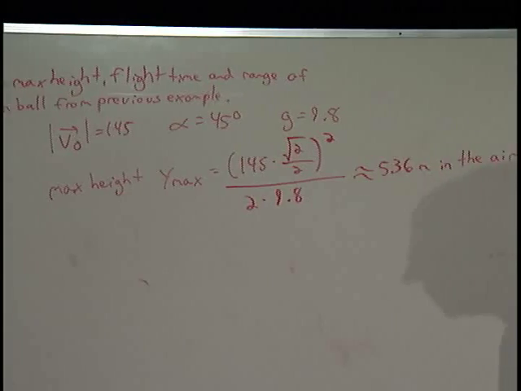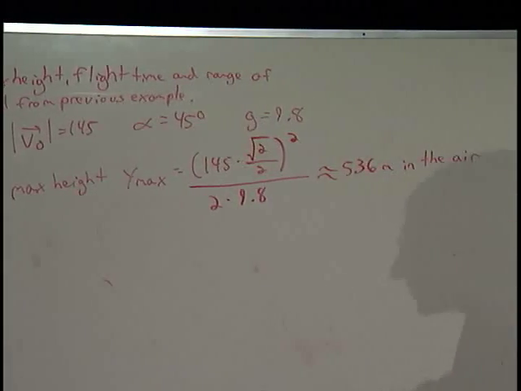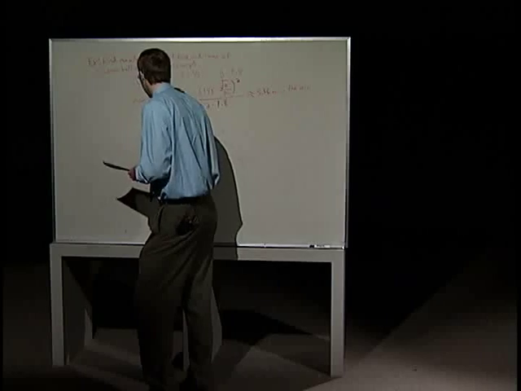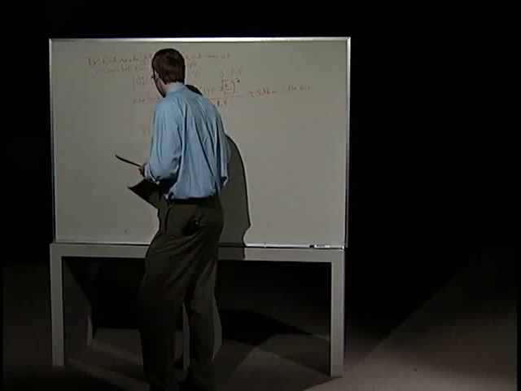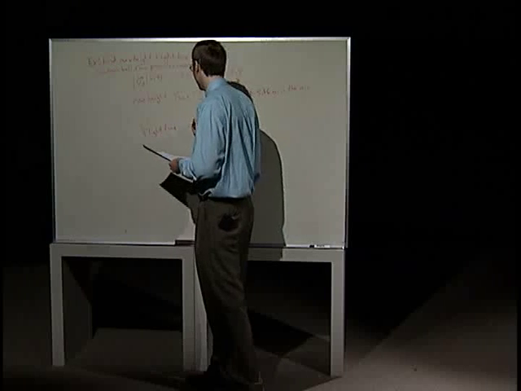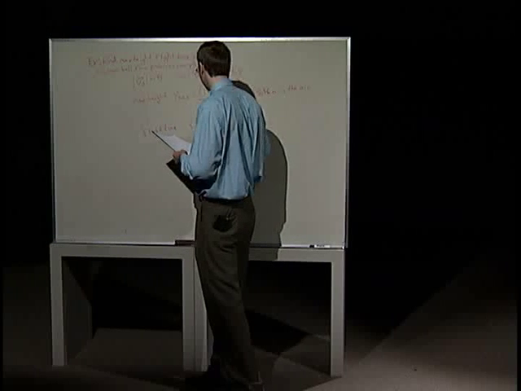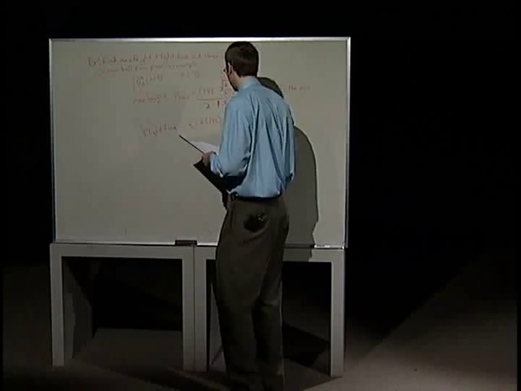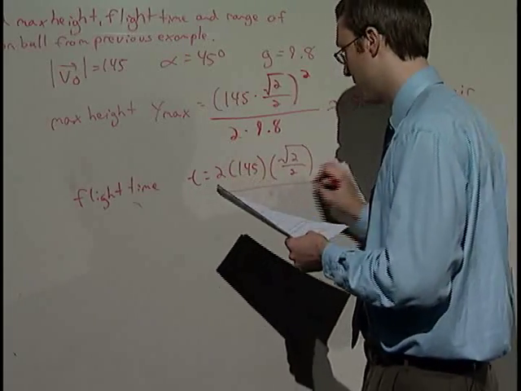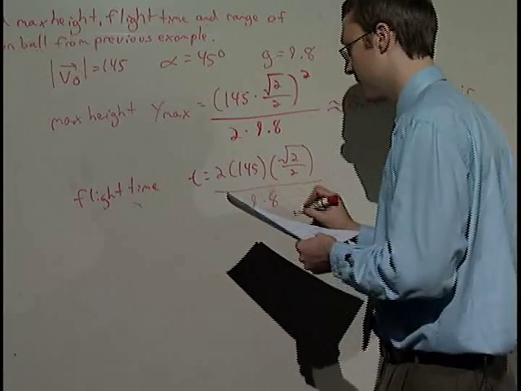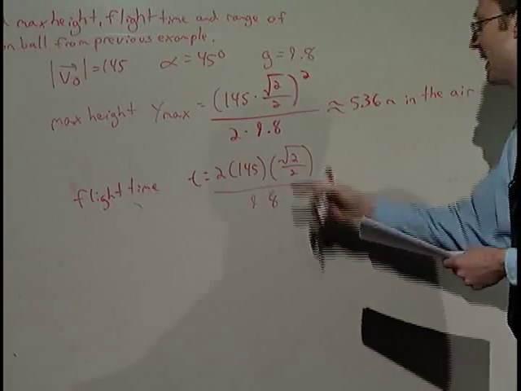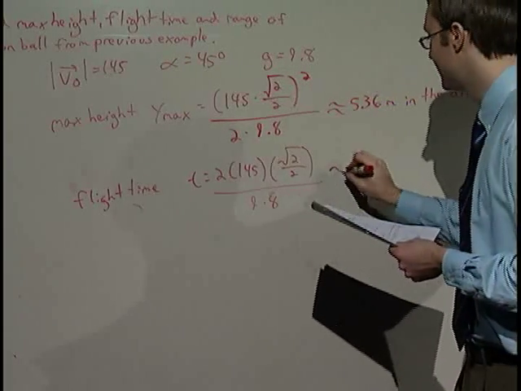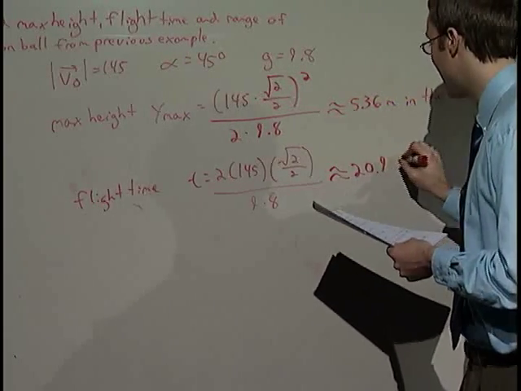And whatever time to achieve it, we don't care about that really, but we can get it very easily with the formula. The flight time, how long is this thing in the air for? So t is equal to 2 times v naught times sine alpha over g. But it's the same thing for a 45-degree angle, so it doesn't matter. So this is about 20.9 seconds.